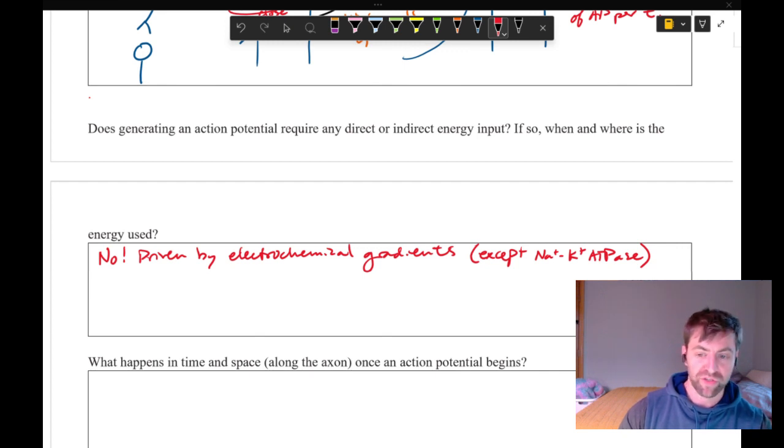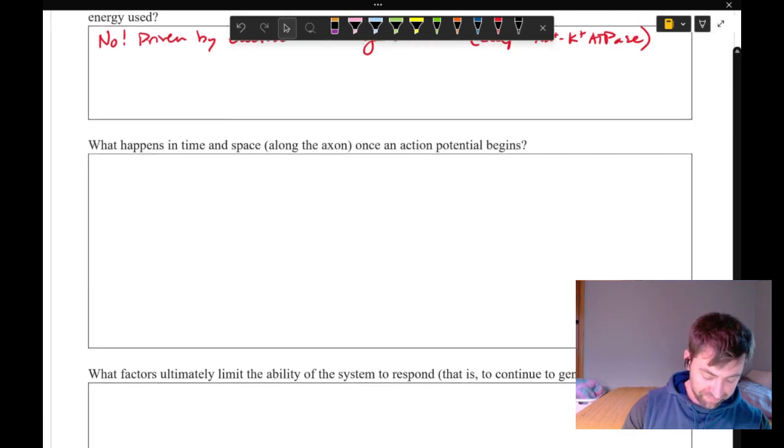So energy is only required indirectly for maintaining that resting membrane potential.